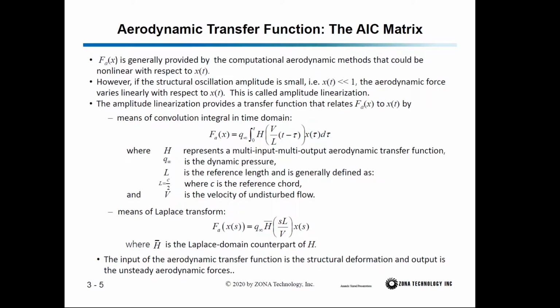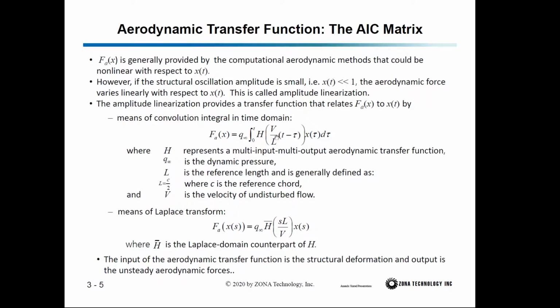If the system is linear, it can be recast into a transfer function that relates F sub A to x, which in the time domain is by means of a convolution integral.